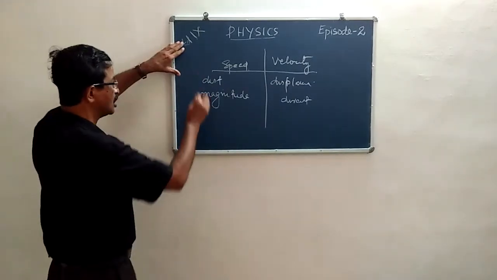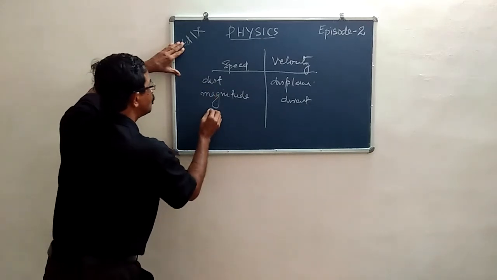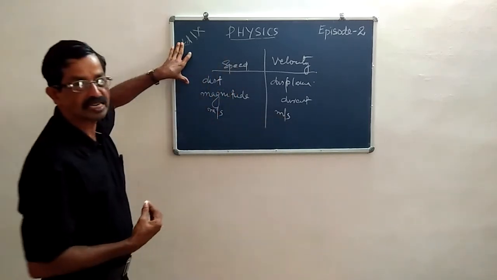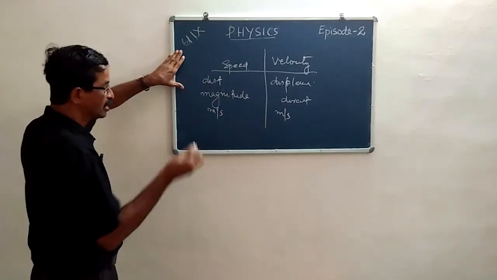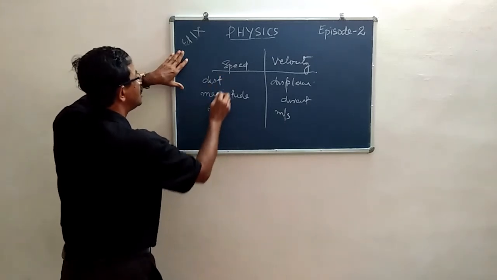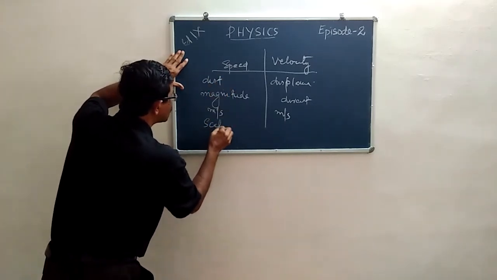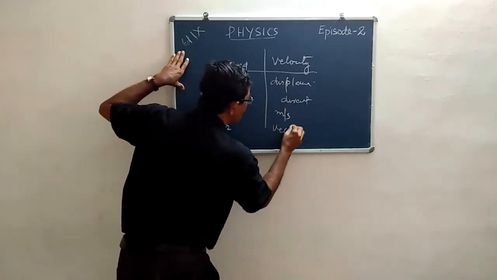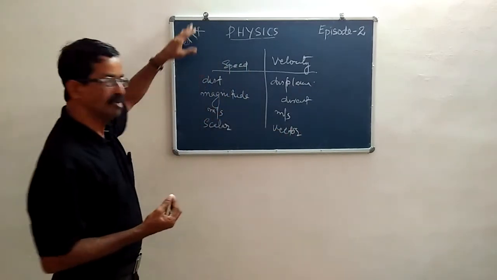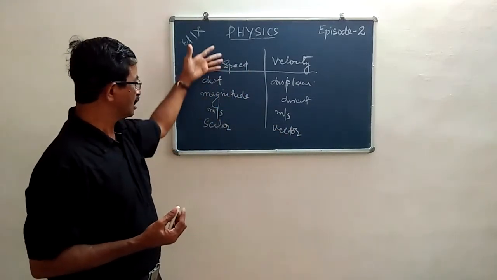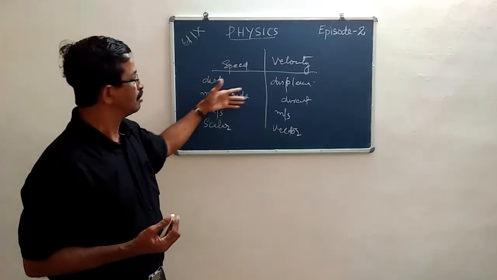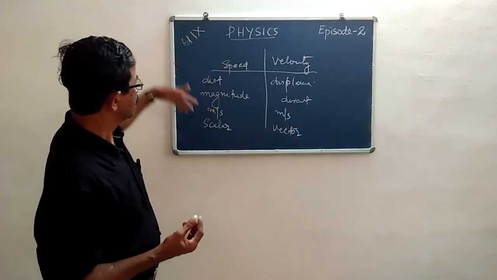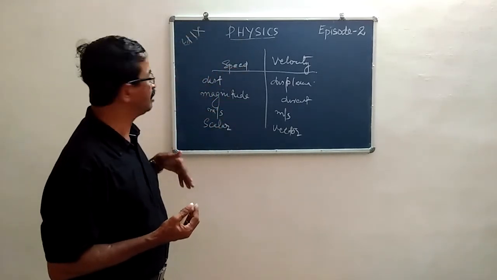The unit of speed is meter per second. Here also the unit is meter per second. Speed is a scalar. Velocity is a vector. And some other differences: speed is only zero or positive, but velocity can be positive or negative. These are the differences between speed and velocity.